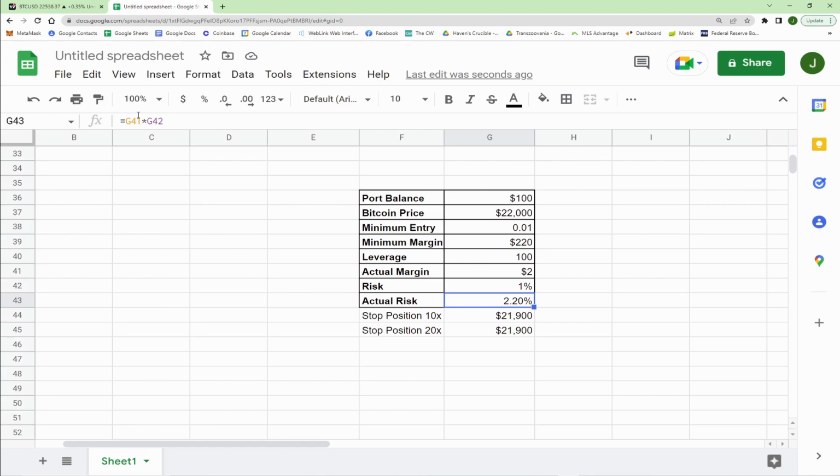And that is a big thing that people don't let click in their head when they do these super high leverage trades. They'll do these super high leverage trades, but they're not putting down $2 margin. They're putting down $20 margin. And once again, here we are again, $20 at 100x leverage.